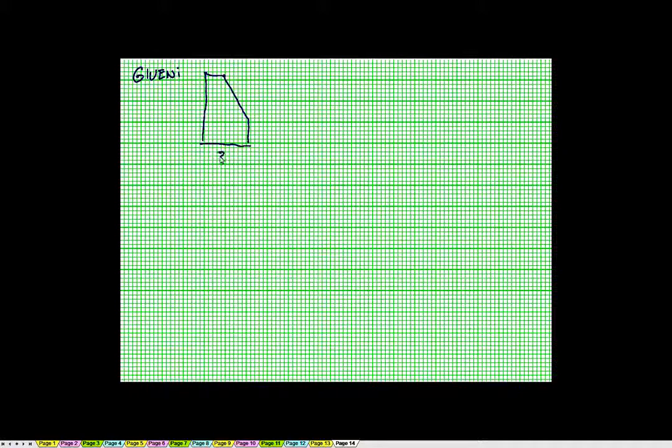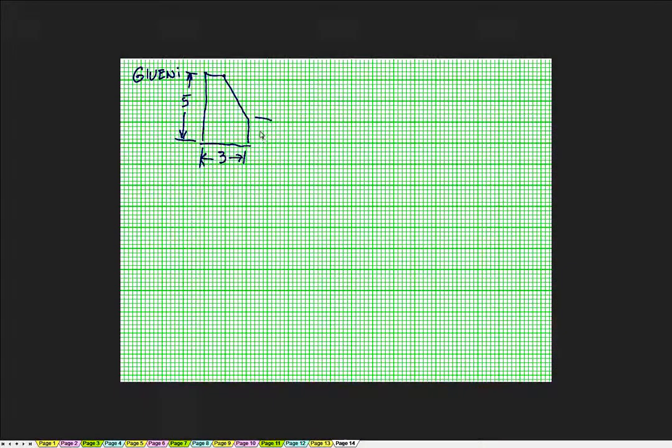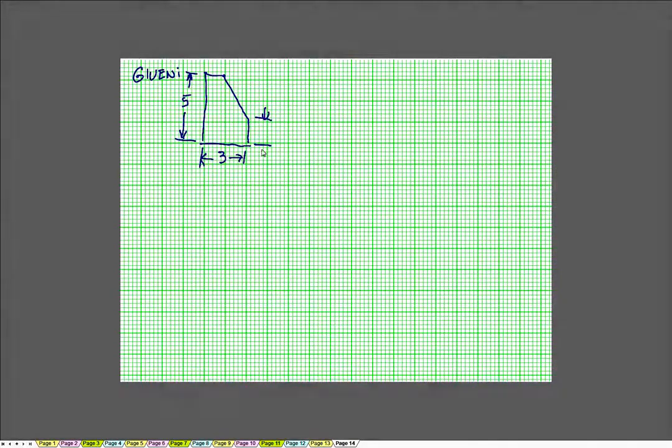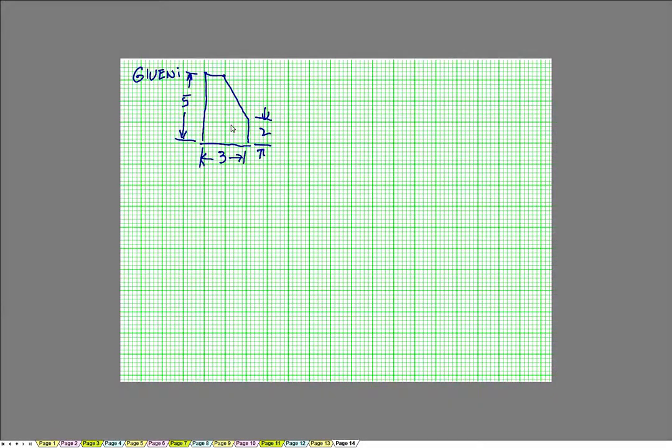We have a shape. So there's a nice shape.